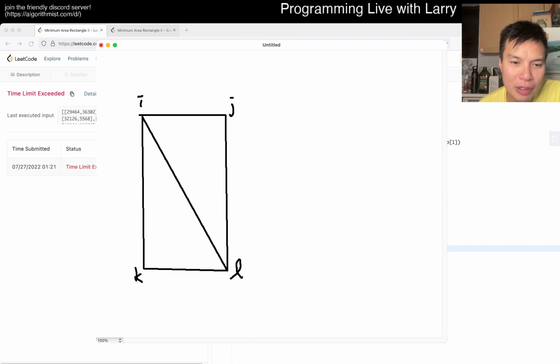And if we figure out which line is the diagonal, so to figure out the diagonal, we just have to make sure that, yeah, okay, I think I have an idea, which is that given we figure out the diagonal, as we said, that's the longest length, right? Okay, so then now we have ij and ik.